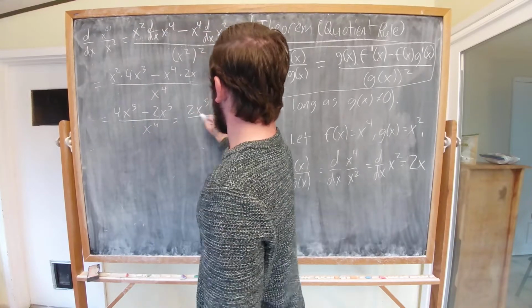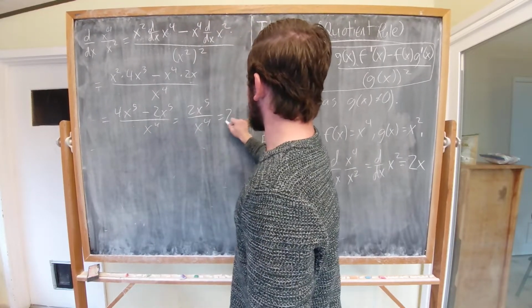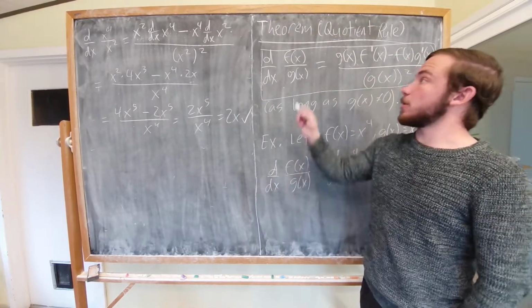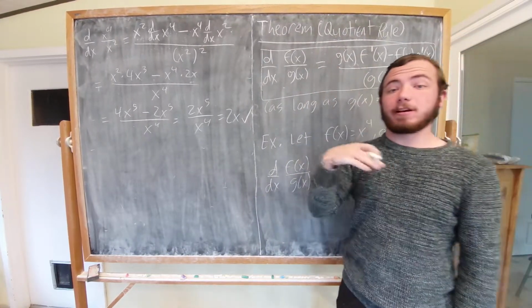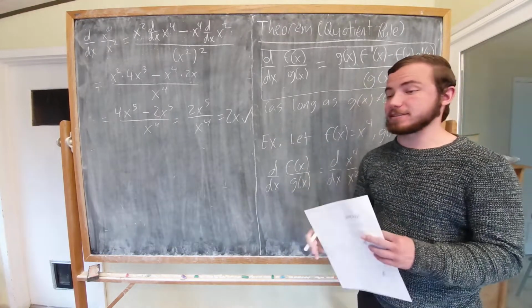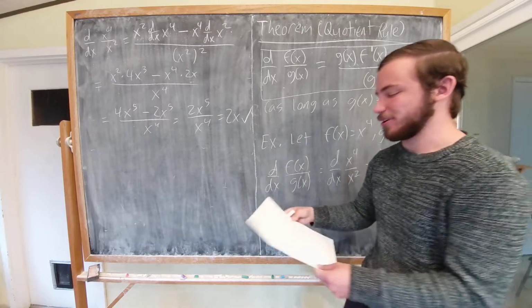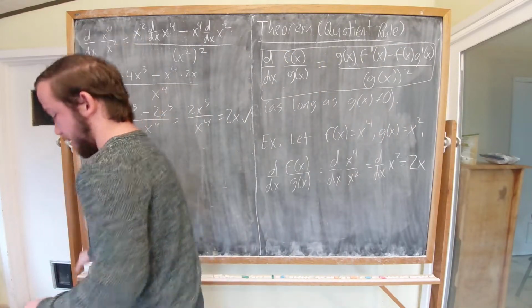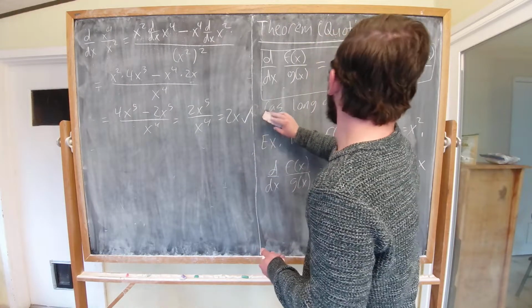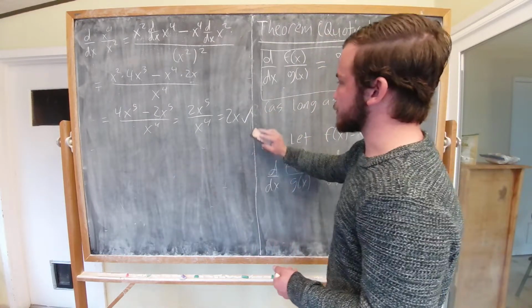That's 2x to the fifth over x to the fourth, which is 2x. Exactly as we wanted. So, this is the proper formula for the quotient rule. I understand that's hard to remember, but it is necessary for you to remember it. Alright, let's do another couple of examples. I'll even leave the quotient rule up for this one.